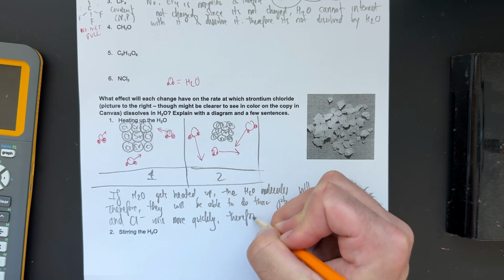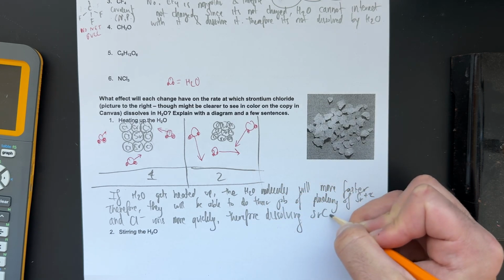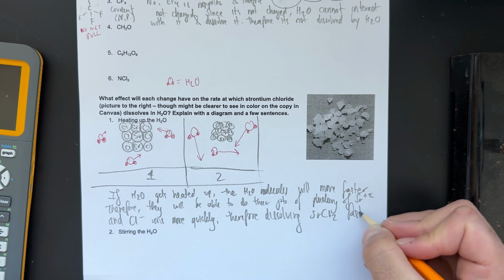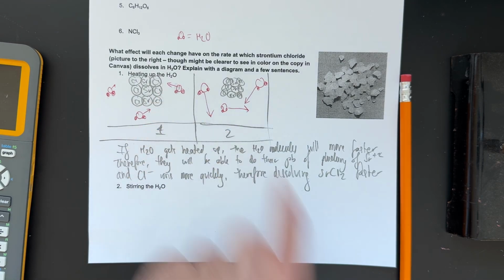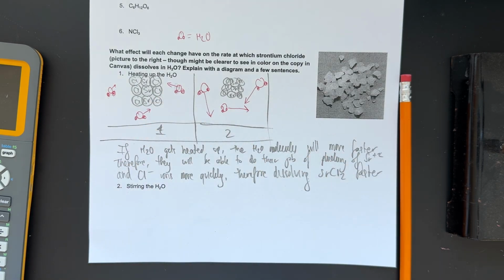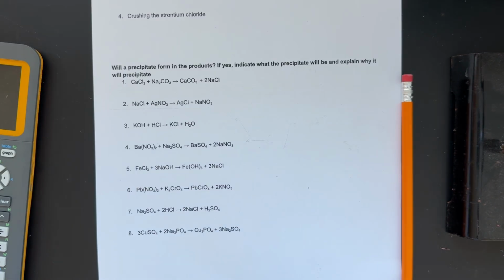Therefore, dissolving strontium chloride faster. Right, so this is a basic idea here. You want to have a drawing, and it's always good to have it before and after, and a little bit of an explanation. Right, and so I just want you guys to be able to draw it out, to be able to explain it.